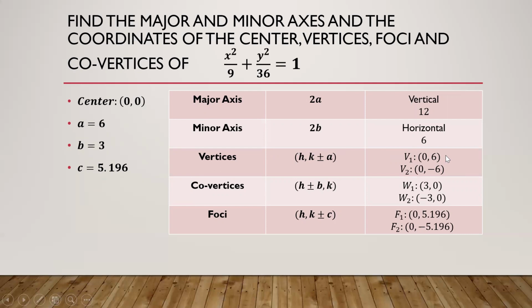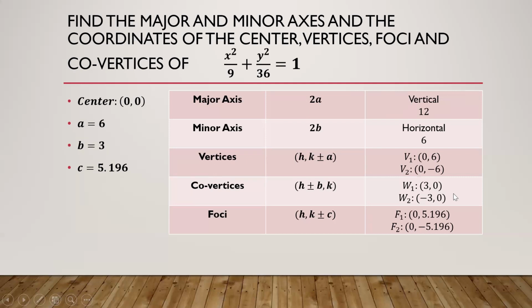So that's basically positive 6. So our vertex number 1, or v sub 1, is 0 comma positive 6. And then h comma k minus a. So k is 0, a is 6, so 0 minus 6, that's 0 comma negative 6.